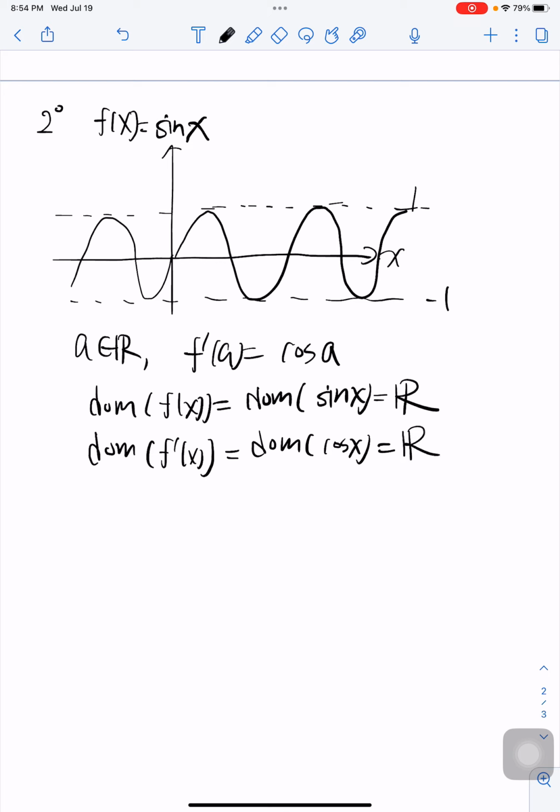So as you can see in this example, after the derivative, the domain remains the same. There is no change with respect to the domain. But in the previous one, the domain changes after the derivative.